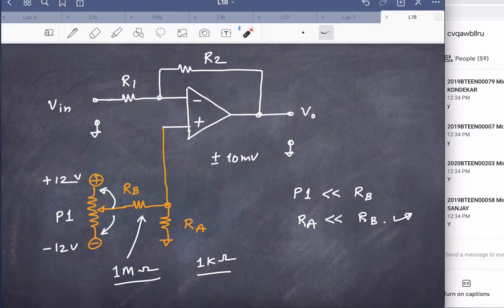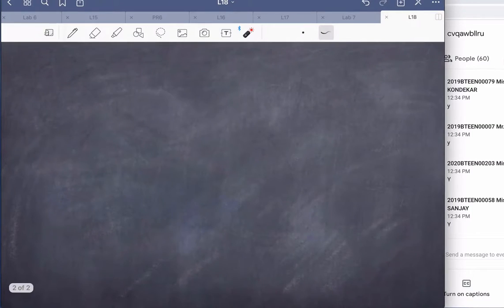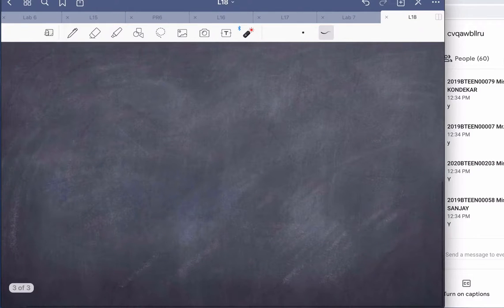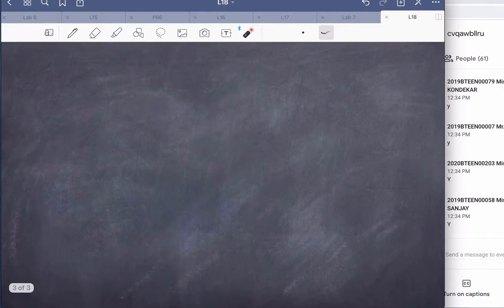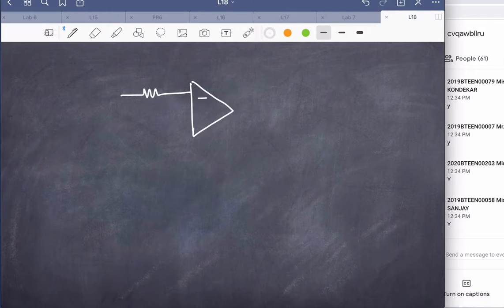Okay. Now in the same circuit we can incorporate the input bias current compensation also. Let me show that. I have explained this earlier, but once more I am explaining that.